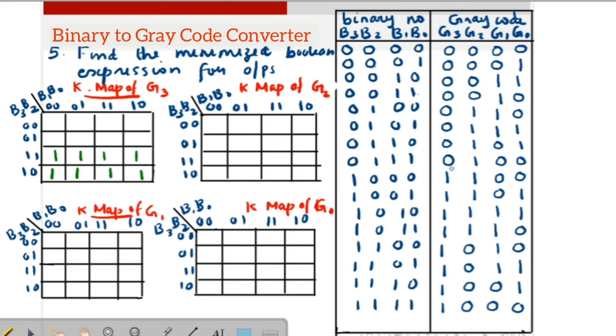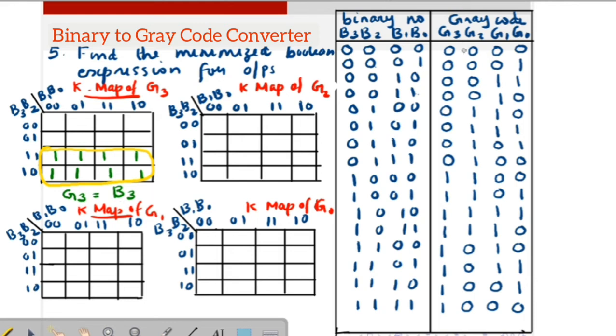Okay, in these cases the output of G3 is equal to 1. So we write all these ones in the K-map. Next we can group them. So here we can form an octet, right? So the expression is G3 is equal to B2 cancelled, B1 B0 cancelled, only B3, right? So G3 is equal to B3.